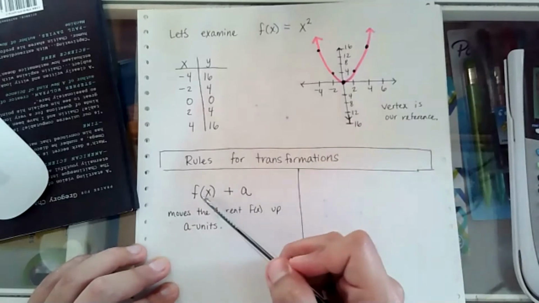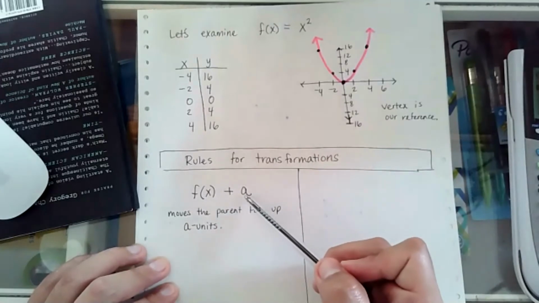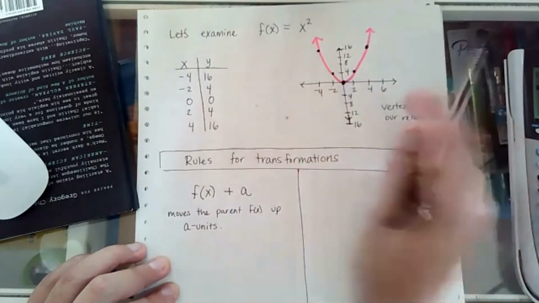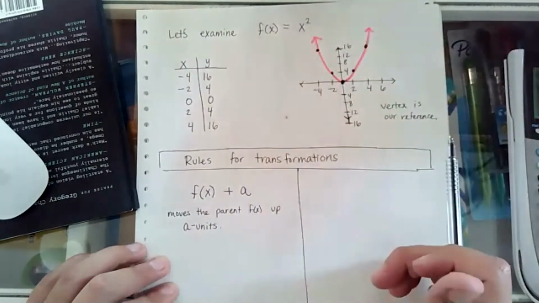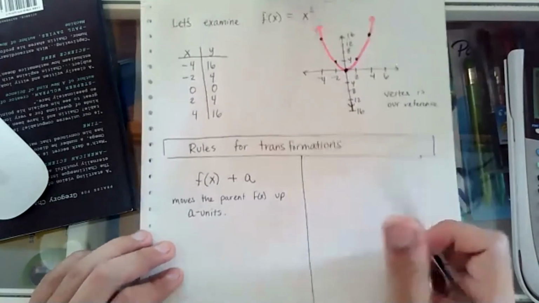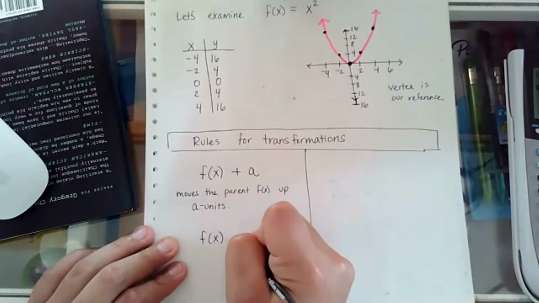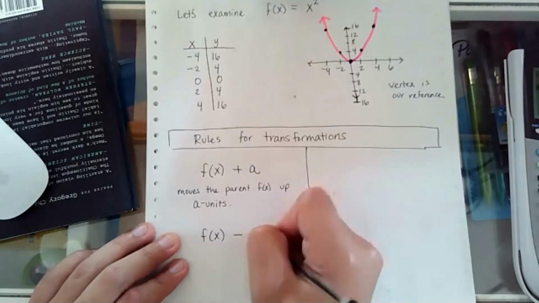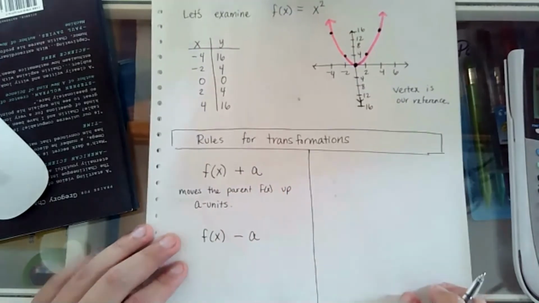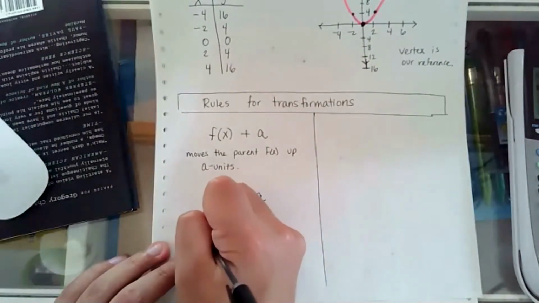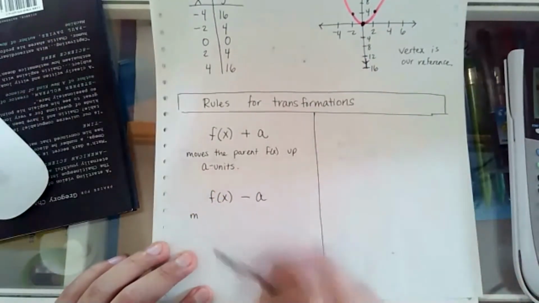If we add a number to the output of the function, that is, if we add something to the y values, it will have the effect of moving the entire graph up. If you have the function output and you subtract a number, that's going to shift or slide the graph down.